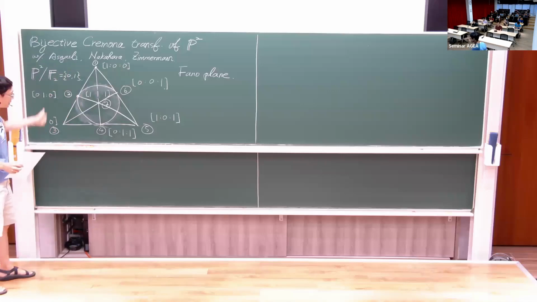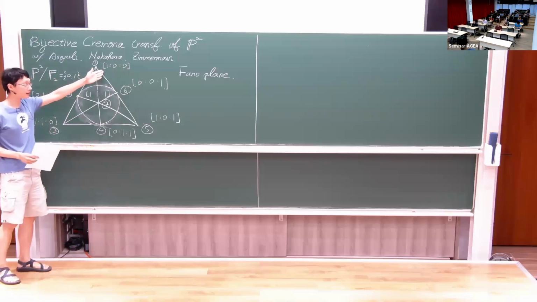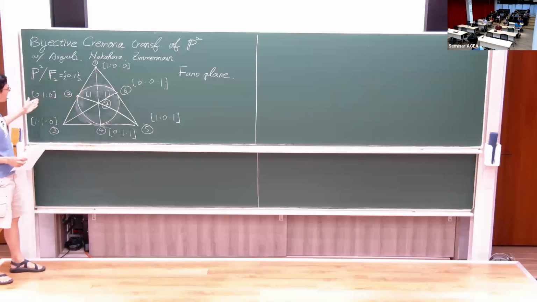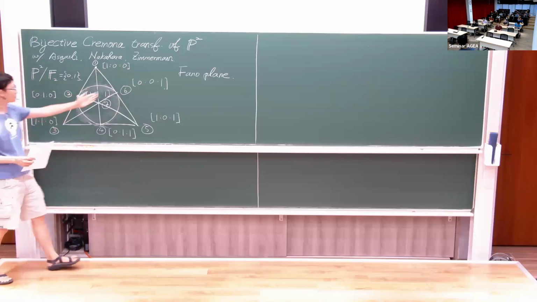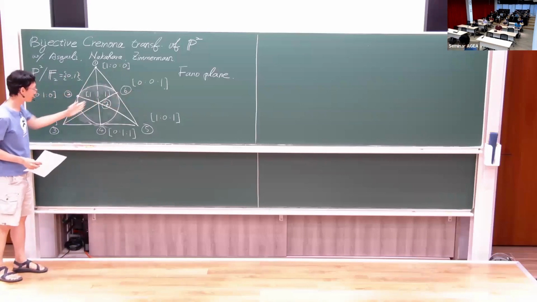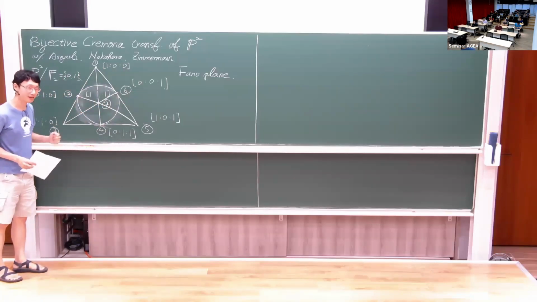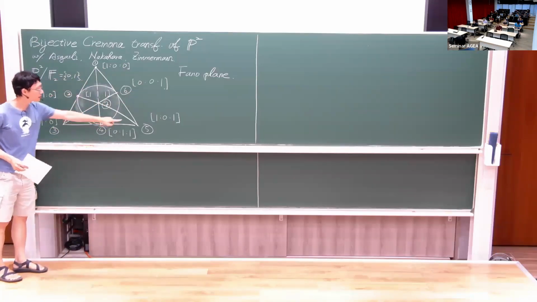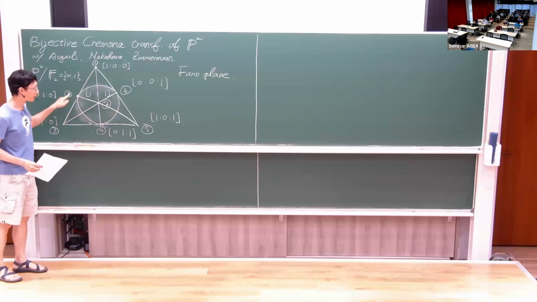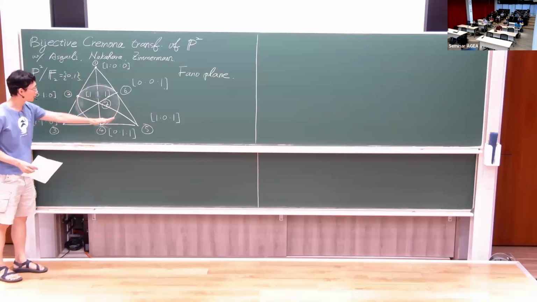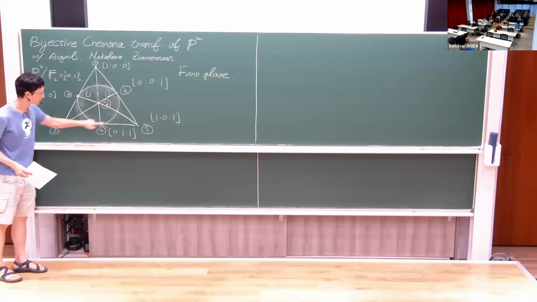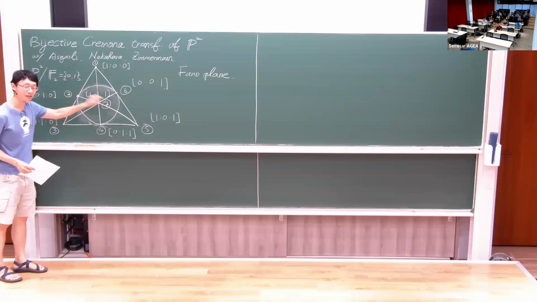I've already drawn all of them on this blackboard. For example, we have 1, 0, 0, 0, 1, 0, 0, 0, 1, 1, 1, 1, and the other 3 points. And these are the straight lines in the Fano plane. We have these straight lines and also this one. This is also a line in the Fano plane.